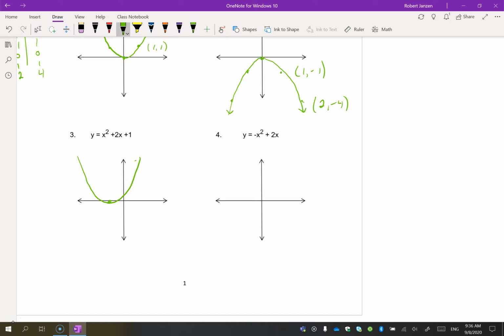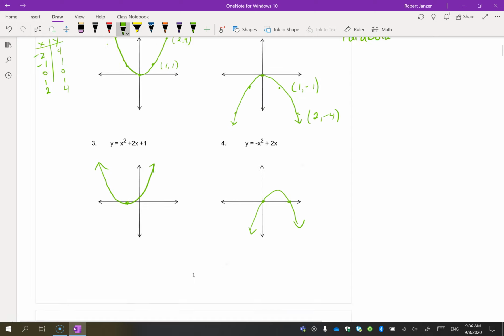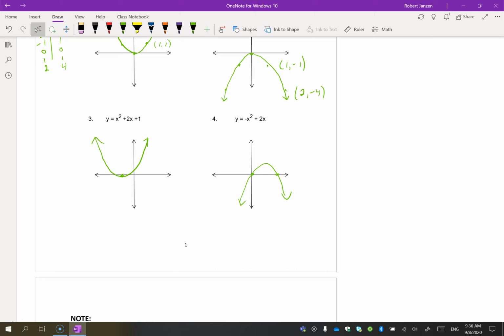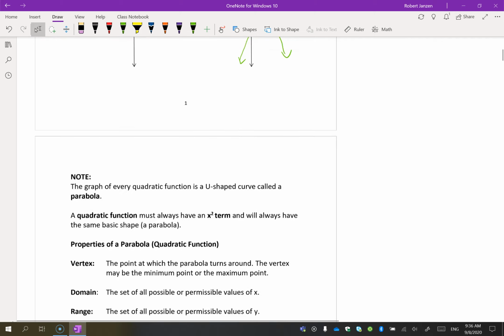You can try Desmos with it. I think it's something like this. Okay, go ahead and try those, but those are the basic parabolas. Use Desmos to try it, and then this unit we're going to learn how to do that without Desmos.